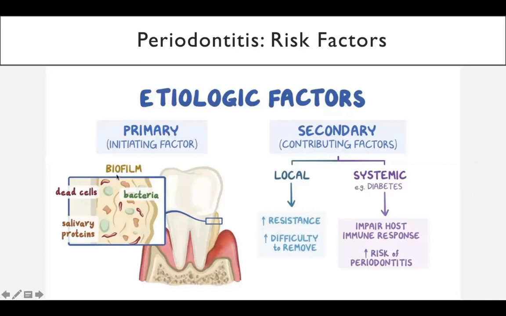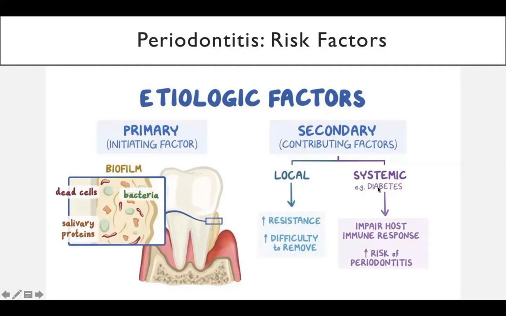Primary examples are bacteria, dead cells and salivary proteins forming plaque, then forming calculus. The gingival sulcus opens, there is gingivitis, inflammation and swelling, the sulcus widens and the pockets deepen, leading to periodontitis. Very good.